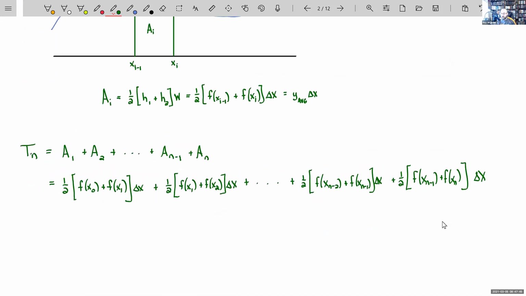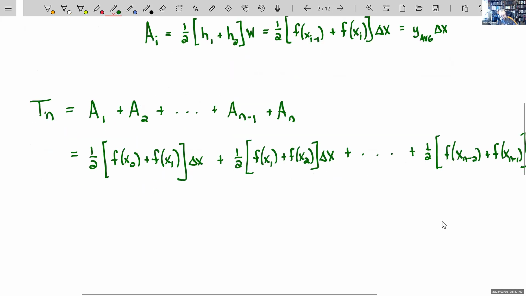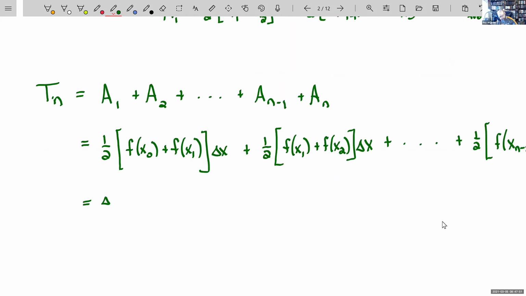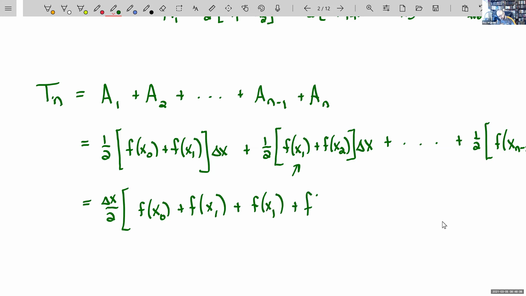Now, I hope you realize all of those have a half in common and a delta x in common, so I'm going to factor those out. And you'll be left with f of x naught plus f of x1 plus f of x1 plus f of x2 plus dot, dot, dot.